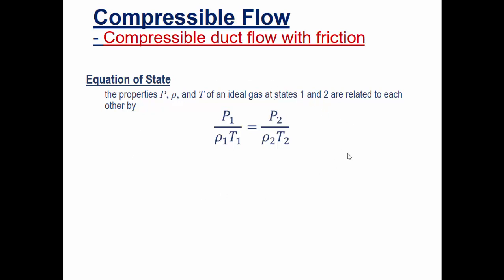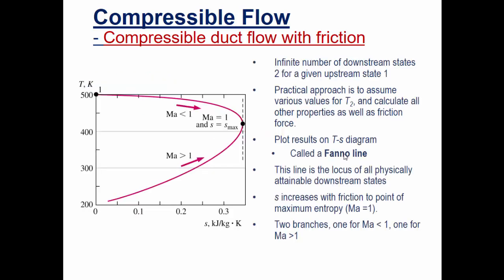This is based on the equation P equals rho RT, and the specific gas constant remains unchanged throughout the flow before and after the control volume.